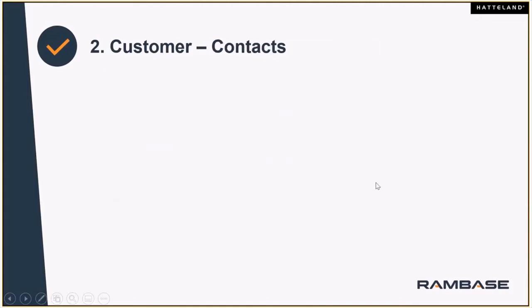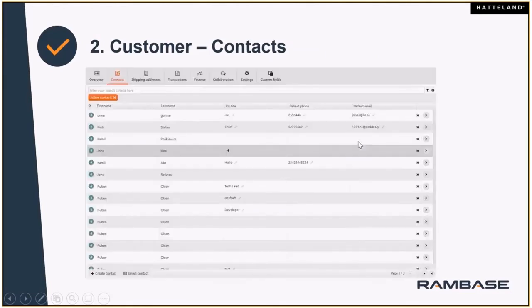Okay, then we have the contacts. It's pretty much the same as before, but what you see here is an enhanced way of editing data now. For existing contacts on a customer, it's now possible to change data here. If you see a pencil, then you can change the data behind it. So if you want to change the phone number, you can just click the pencil and edit directly into the grid.